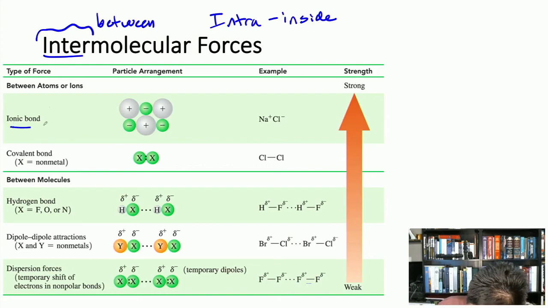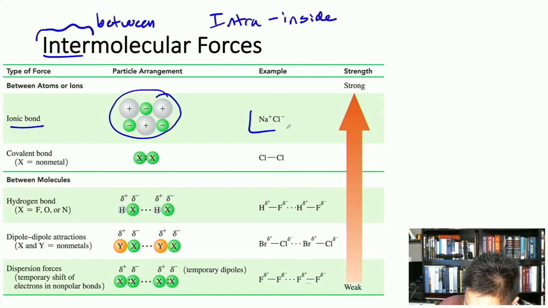Ionic bonds, of course, we've already talked about before. Just a quick little review. Those aren't really intermolecular forces, but the forces of attraction happen in their arrangement. The example is sodium chloride, and the strength of an ionic bond is very, very strong. Same with a covalent bond here, between two nonmetals.